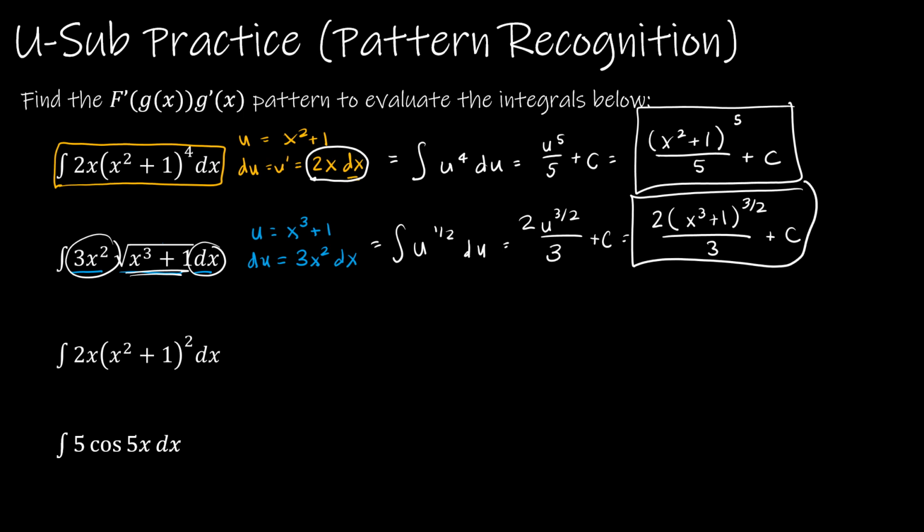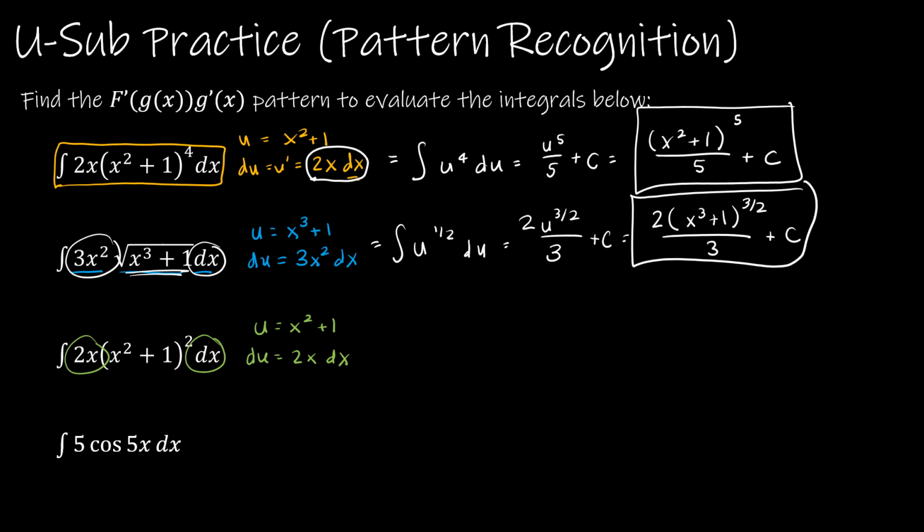Let's take a look at the next one. Again, how do I know what to use for u? Well, this is a function inside another function. So I'm taking something and then squaring it. So the function itself is the x squared plus 1, and then the derivative of that is 2x dx. And again, notice 2x dx accounts for everything on the outside.